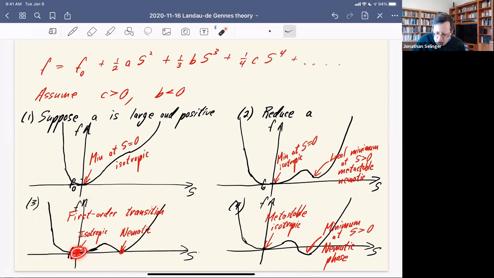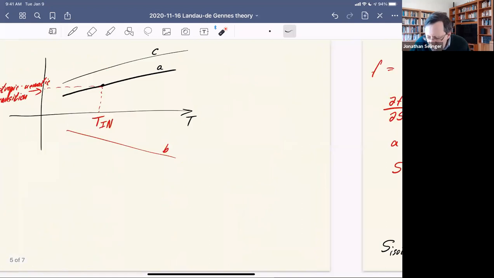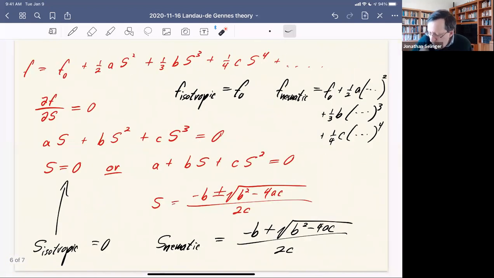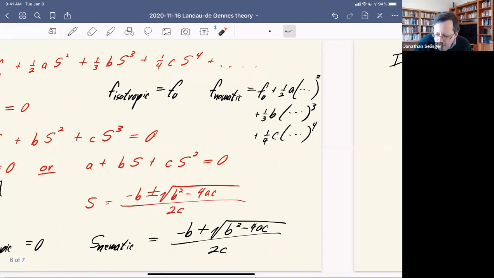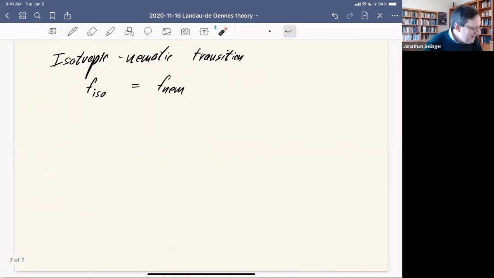Where the isotropic free energy is just equal to the nematic free energy. So we can solve that, right? We can take this thing equal to this thing. And I'll skip to the answer.